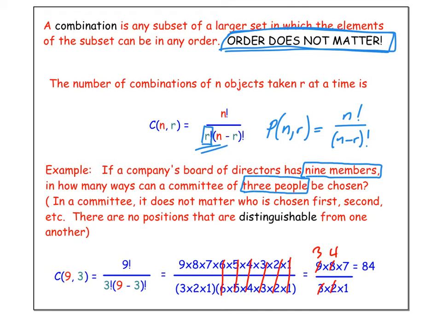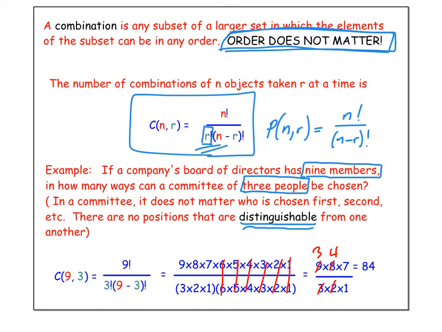There are no positions that are distinguishable from one another. So this is the big idea behind a combination. If a committee is chosen and there's nothing that says anything about a president, vice president, a chairman, things of that nature, we will jump right to the combination formula.